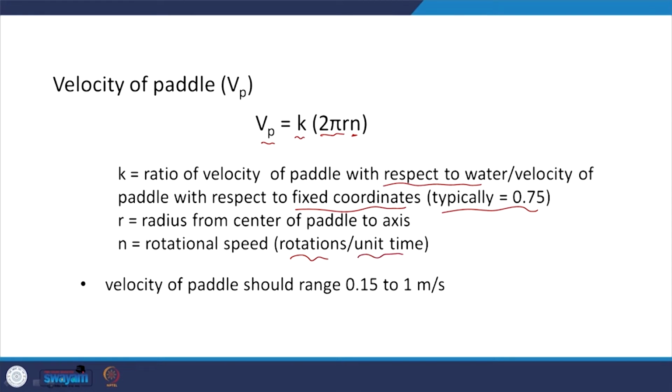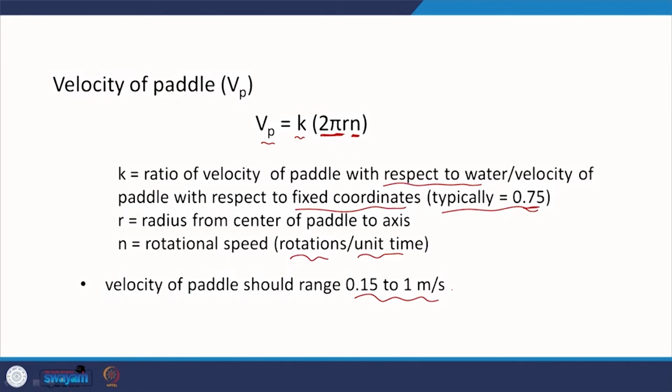So this is the distance and this is rotation speed. This will give me units of what now? Rotations per time, okay, distance per time. So that's what it gives me an idea about. Typically K value is 0.75, and velocity of paddle is in this range out here.